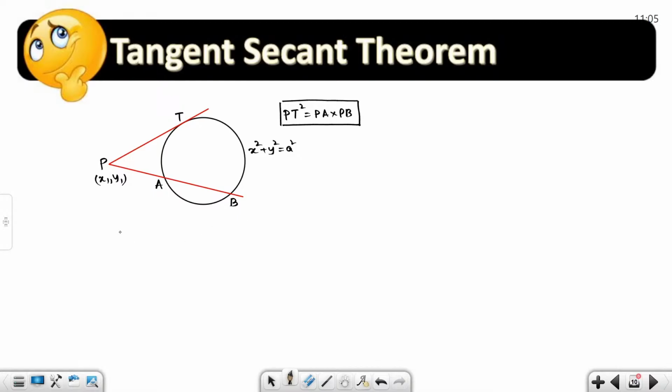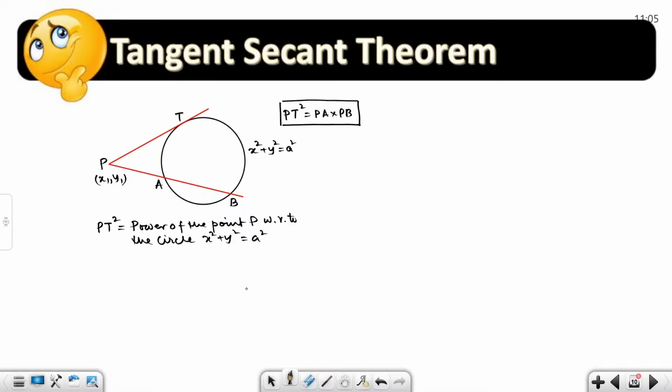So now, what is your PT square? This is basically nothing but the power of the point P with respect to the circle x square plus y square equals a square. Am I correct or not?